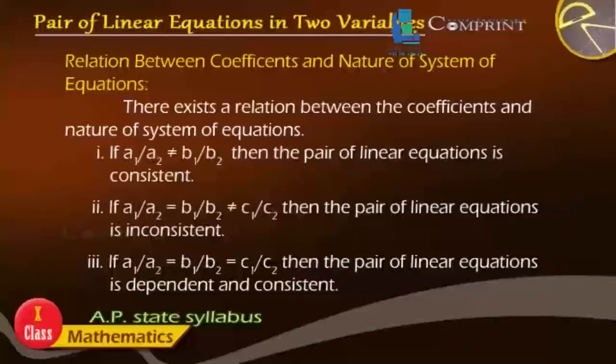If a1/a2 = b1/b2 ≠ c1/c2, then the pair of linear equations is inconsistent. 3. If a1/a2 = b1/b2 = c1/c2, then the pair of linear equations is dependent and consistent.